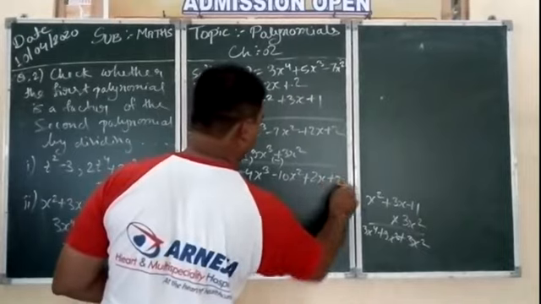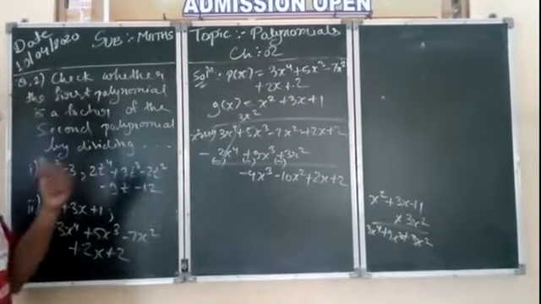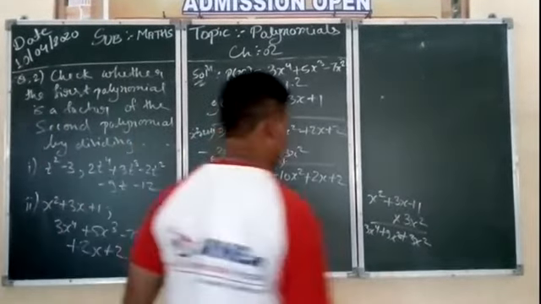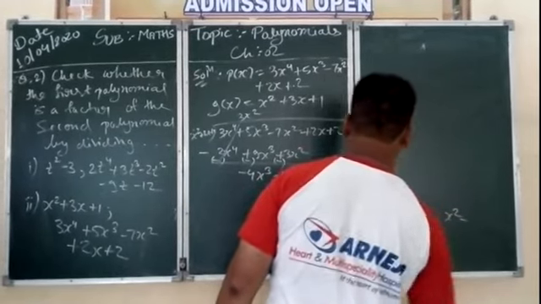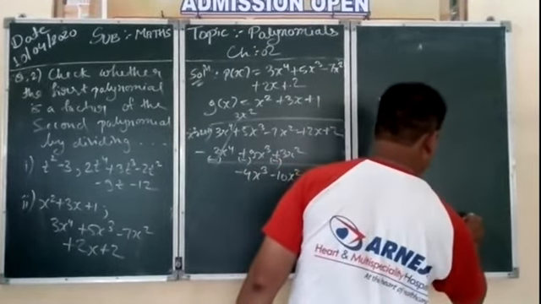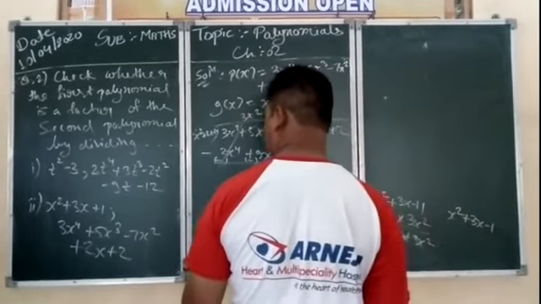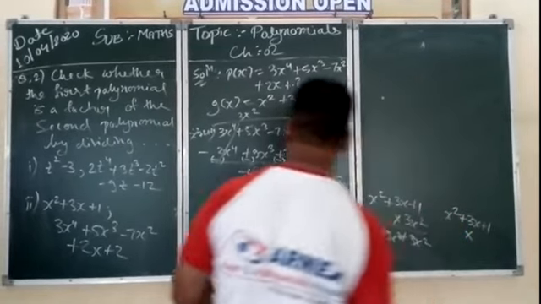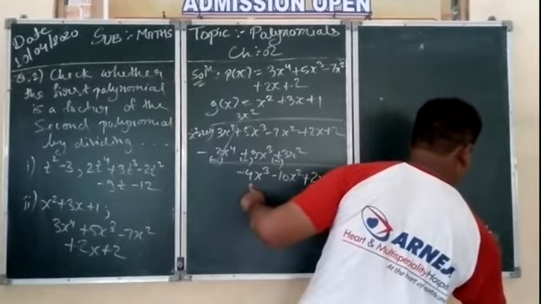Now x square plus 3x plus 1, again multiply by which term so that we get minus 4x cube? We multiply by minus 4x.